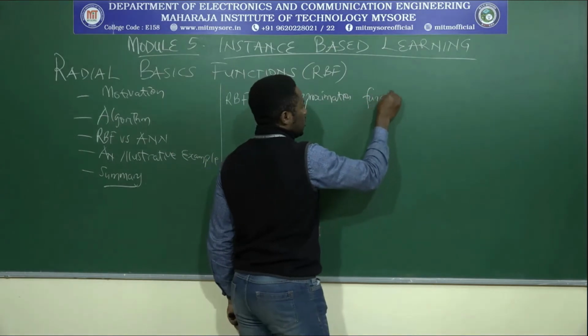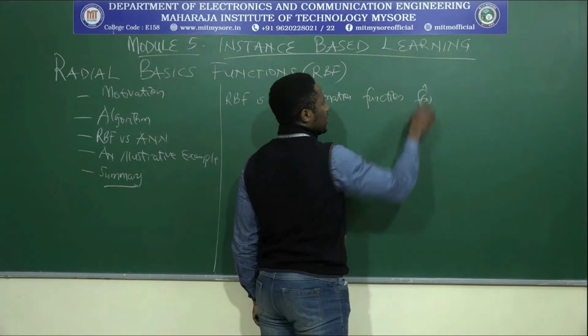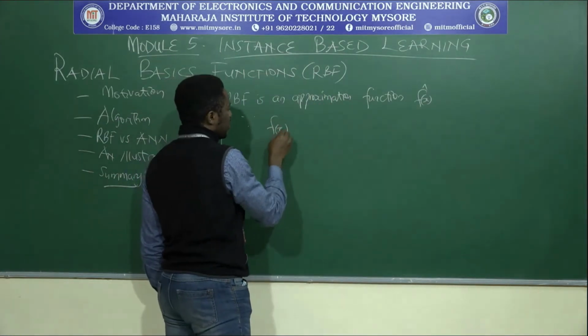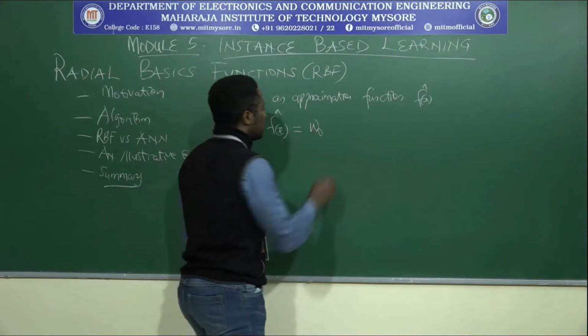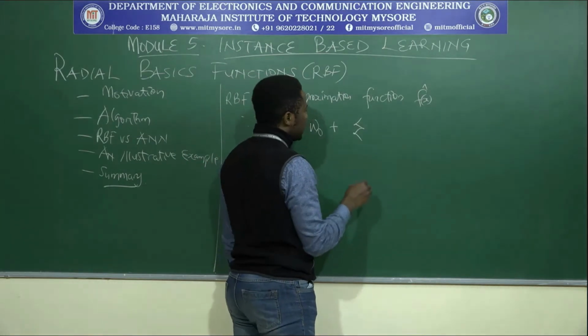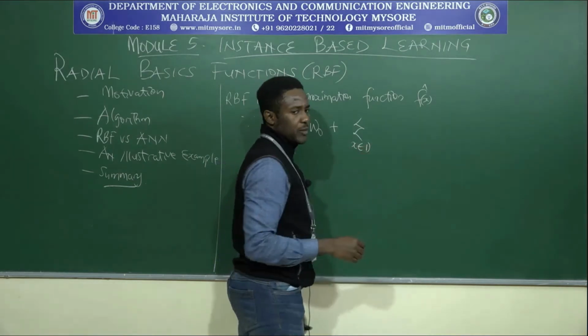We call it f of x hat, such that f of x, that function approximation, will be equal to some initial weight, which we sum up over some sets of instances.